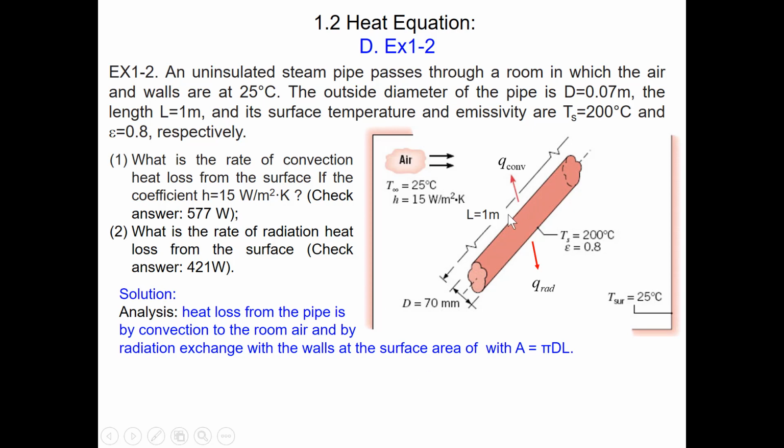And the heat loss from the pipe surface, of course it is outside surface, is through convection and radiation.